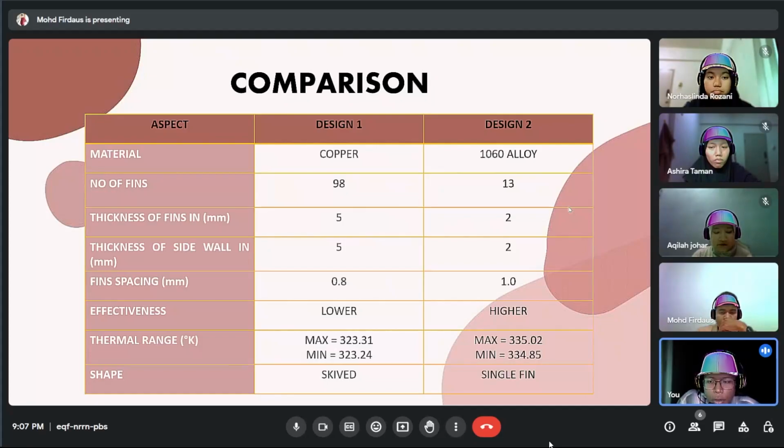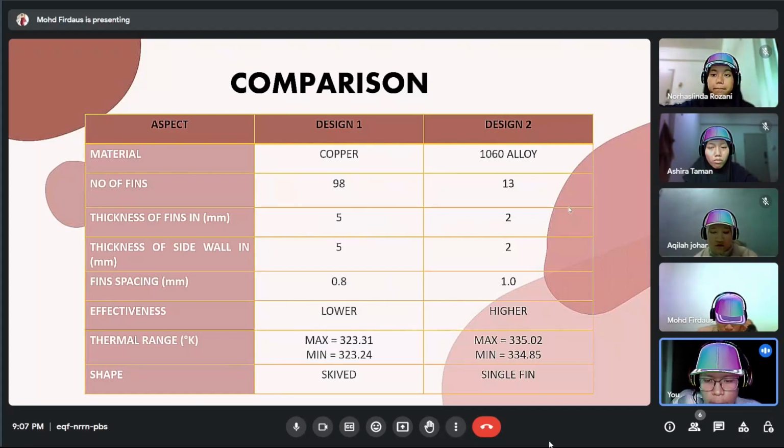For the effectiveness, design 1 is lower than design 2, and design 2 is higher. It is because of the temperature difference we get between the maximum and minimum. The last one is the thermal range in Kelvin. You can get it in Celsius by subtracting 273.